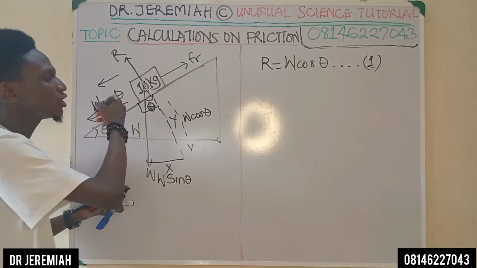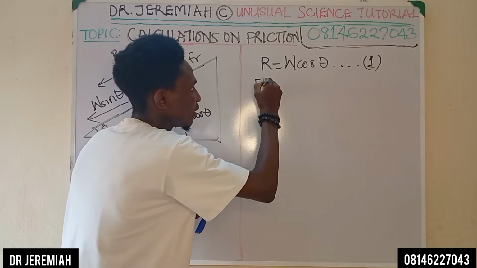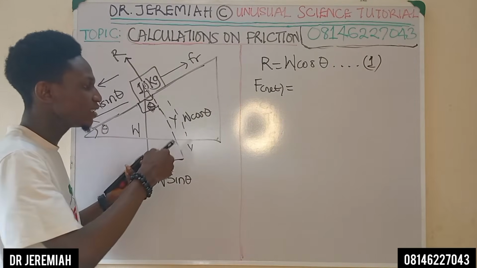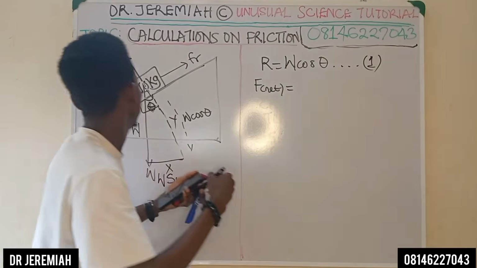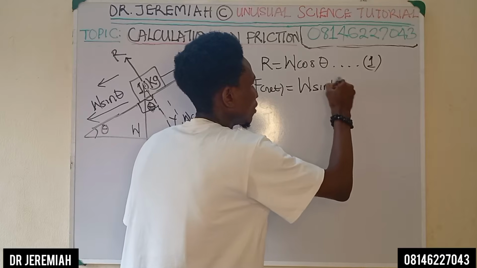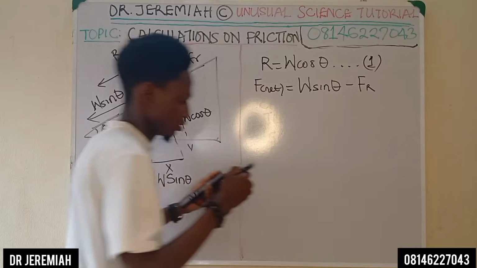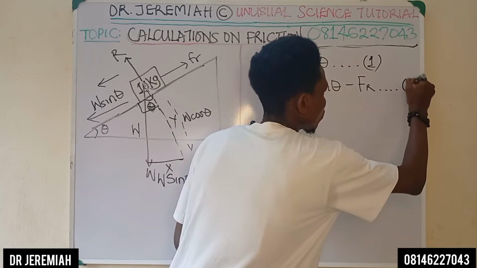That the resolution of forces along this plane is going to be net force, let's call it F net, equals to... where is the body going? The body is going downwards. So I'm going to have w sin theta minus frictional force. We can call this equation 2.